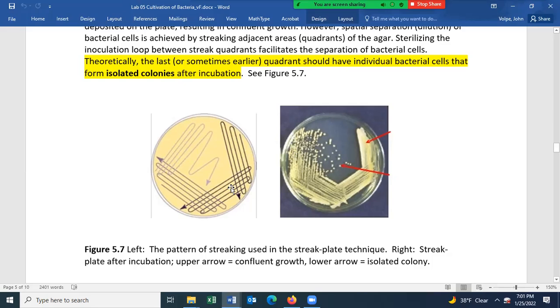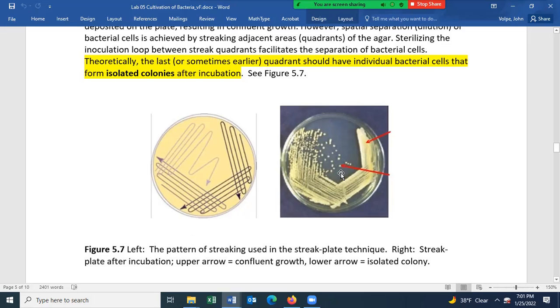The point is that when you're streaking for colony isolation, you're putting down individual cells, which can give rise to an isolated colony, meaning one cell can split by division into 1,000,000 or more cells, giving rise to a colony. But if you only do this one time, you don't know, was this colony derived from one cell, or was it derived from 2 cells, or from multiple cells?